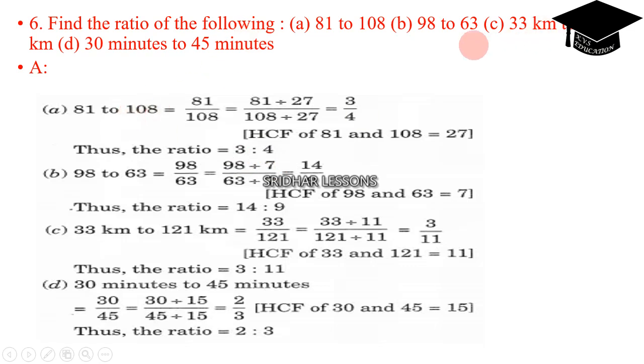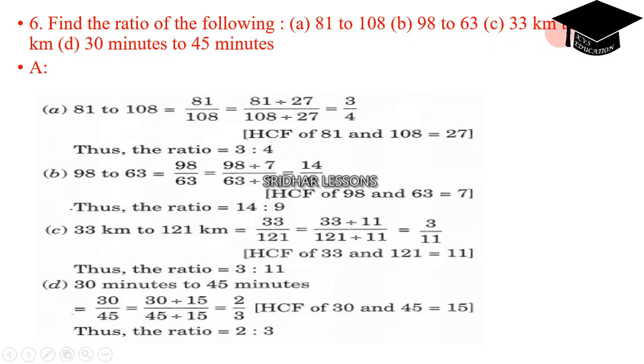Next one is 98 to 63. That is 98 by 63. 7 cancels 98 14 times and 7 cancels 63 9 times. That is 14 by 9. So the required ratio is 14:9.